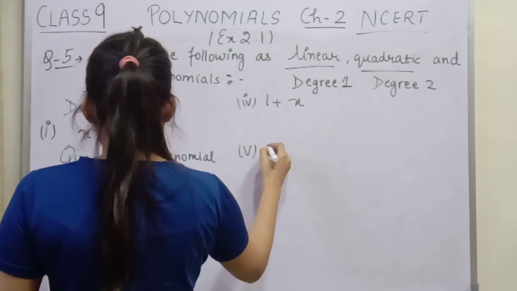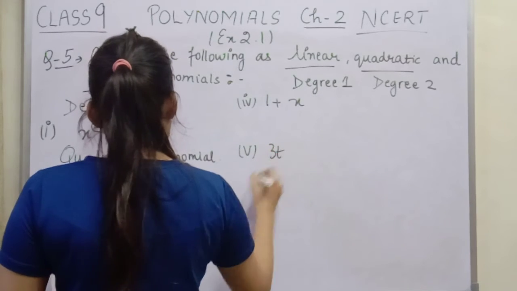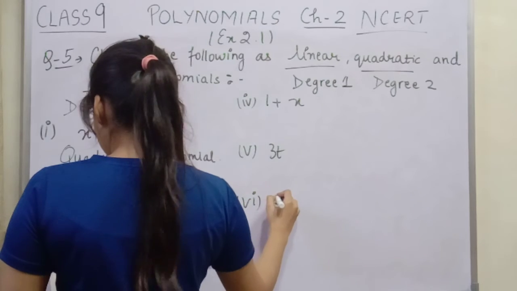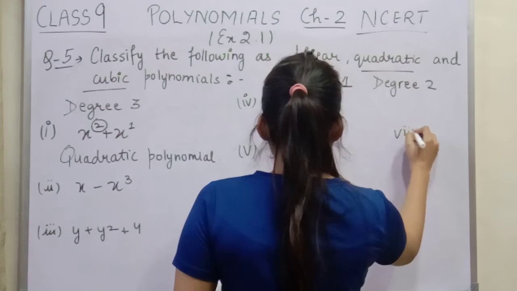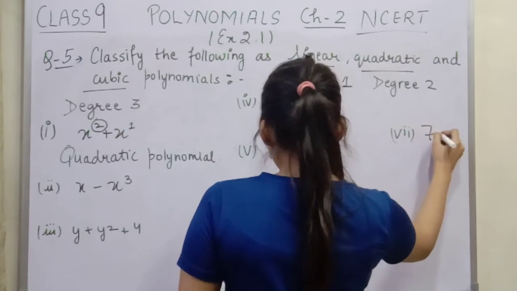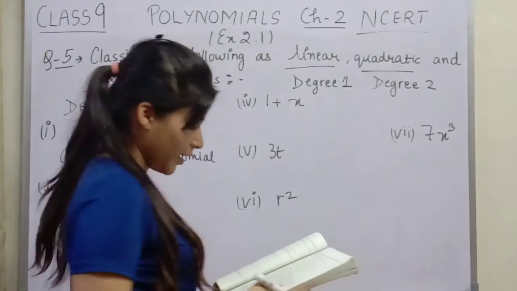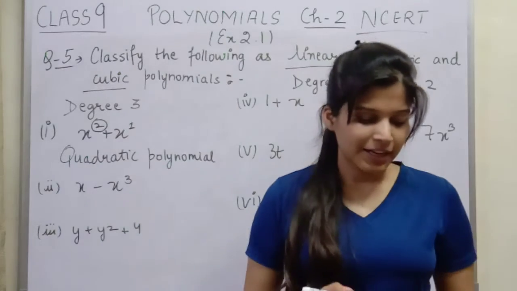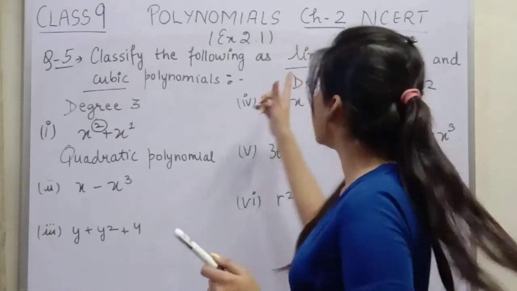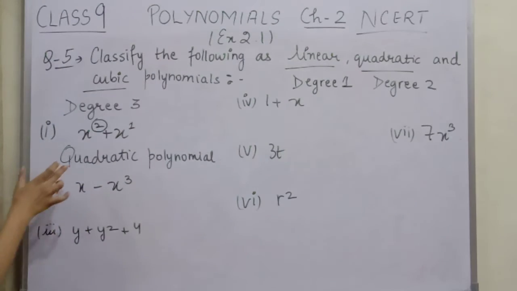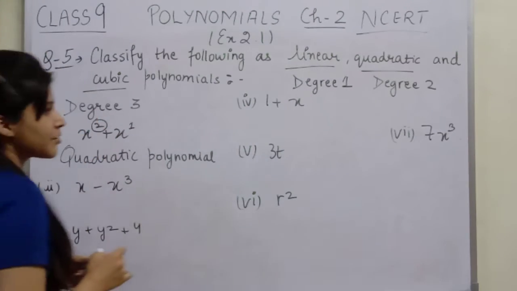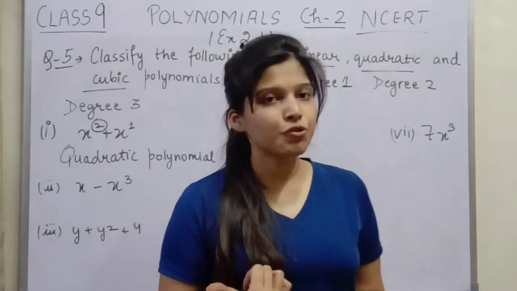The fifth part is 3t. The sixth part is r squared and the seventh is 7x cube. So these are all the parts. Now let's classify them on the basis of linear, quadratic and cubic. So the first one is quadratic. Why? Because the highest degree is 2.